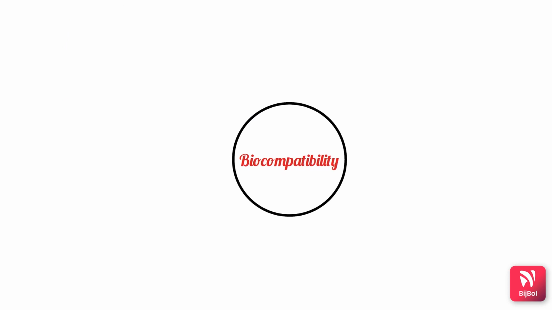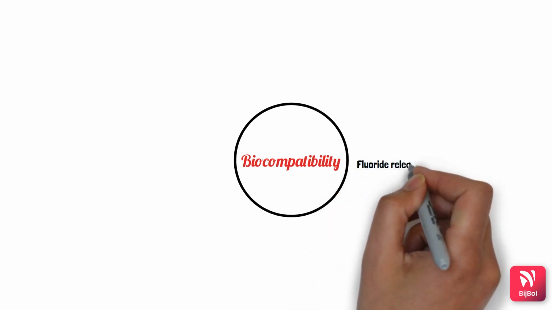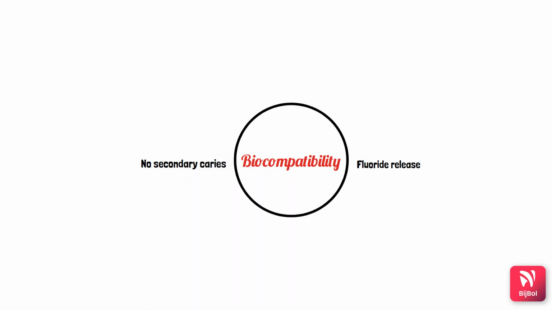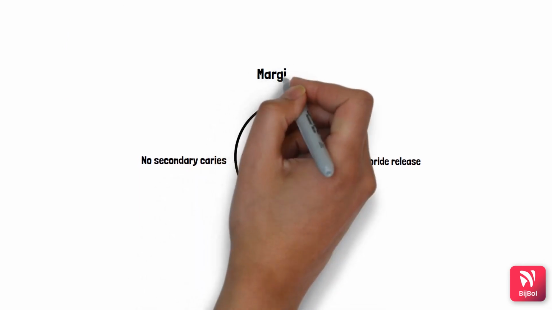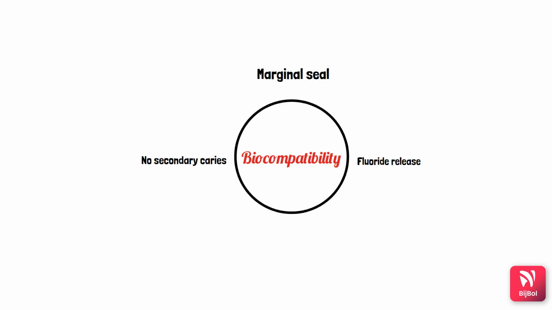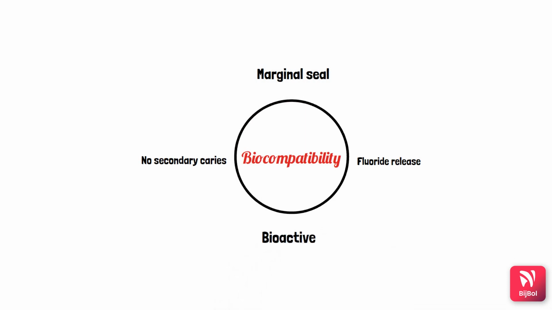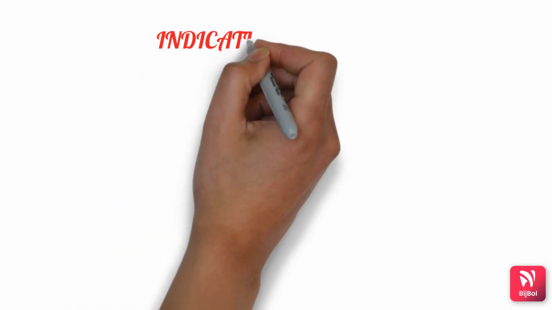Next property is the biocompatibility, because of its fluoride releasing ability and also because of no secondary caries due to the fluoride release, which helps in increasing the marginal seal, and also it is a bioactive material. That's the reason it's more biocompatible.